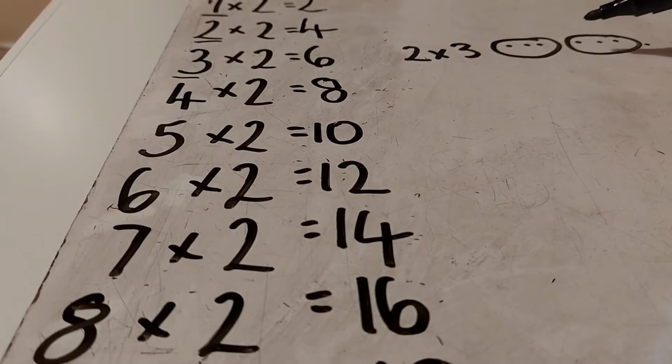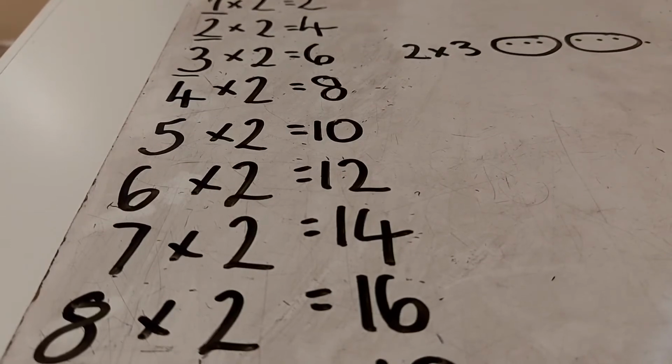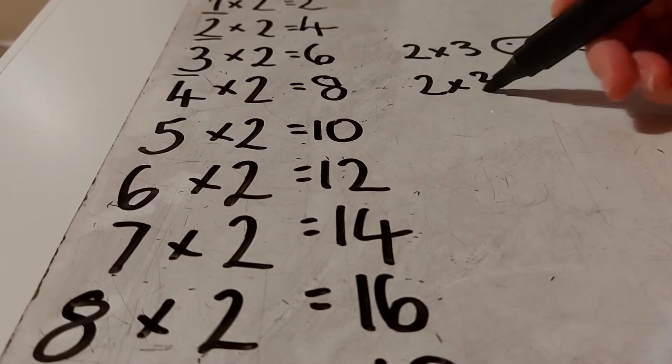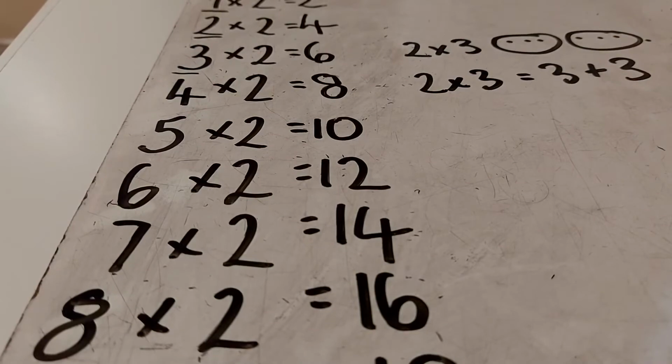So as you can see from the picture, we've had to do 2 lots of 3. So one lot of 3 is there and another lot of 3 there. So doubling means adding the same number twice. So this is demonstrated in the picture by 2 times 3, which is the same as 3 add 3. Okay, and the answer is 6 altogether.